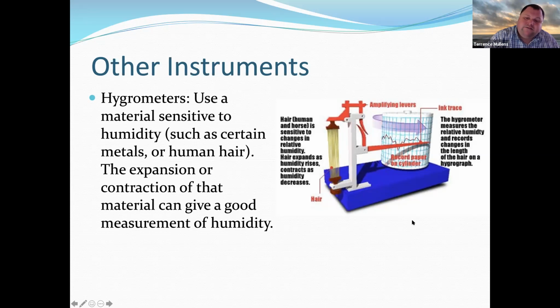That would cause a little needle on the end to move up or down, and attached to that needle was a drum that was rotating around. And so that could take a record of humidity and how it's changed over time. So that's another instrument that we've used to measure relative humidity.